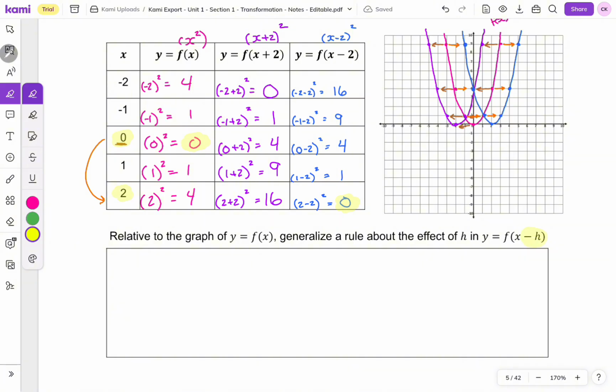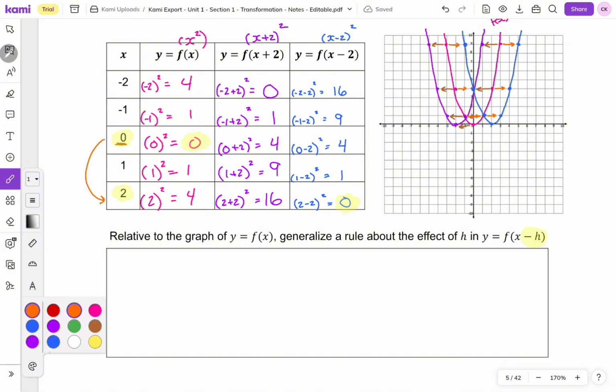So when my function looks like this, let's match colors here. If my function looks like f of x plus h, well, the only reason I can get a plus here, because it always starts with a minus, is if I put a negative h in there, because a negative and negative make a positive.